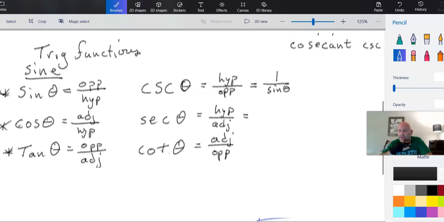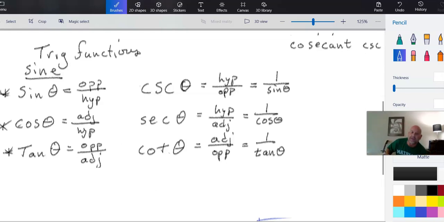It doesn't matter what you put into it, it's always true. So it doesn't matter the angle, cosecant theta is always the reciprocal of sine theta. Secant is the reciprocal of cosine, and cotangent is the reciprocal of tangent.